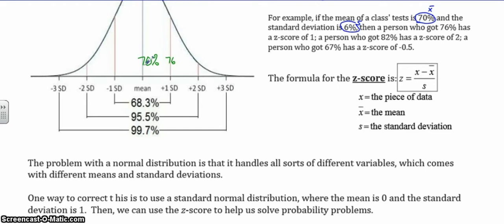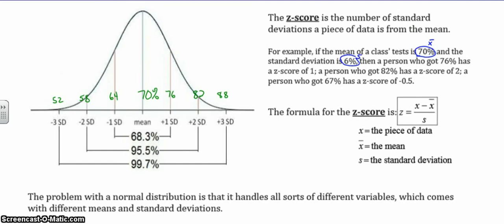Two standard deviations, you'd add 6 twice, you'd get 82. Three standard deviations would be 88 because you'd add 6 three times. On the negative side, if you subtract 6, you would get 64. Subtract 6 again, 58, and subtract 6 again, you'd get 52.